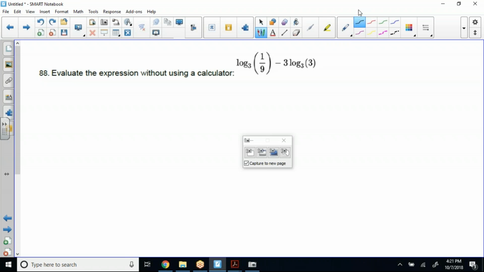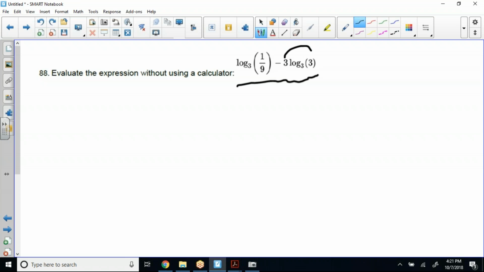But the first thing I would do is, you can type it in just like it is, if you have a calculator that lets you put a base and then the of. You can do -3 times log base 3 of 3. With that being said, if you don't have one of those calculators, then let's talk about this.